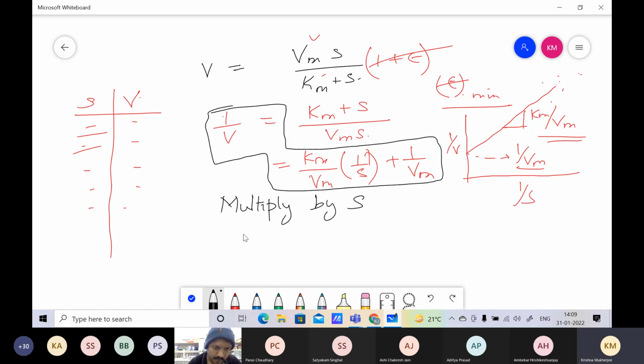So you get S upon V is equal to Km by Vmax plus S upon Vmax. Come on, I want some kind of response. S upon Vmax. Now, what would you plot now?